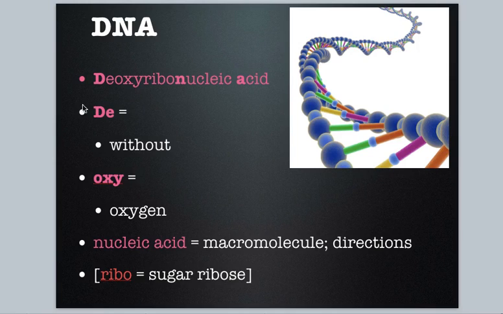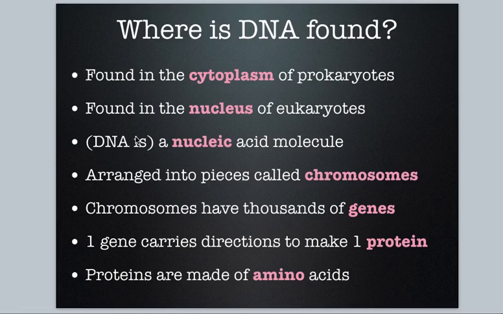So this is DNA. Now, we know from the cell unit that DNA is found in the cytoplasm of prokaryotes because they do not have a nucleus. And it is found in the nucleus of eukaryotes like us. All life on Earth is eukaryotic except bacteria, which are prokaryotes.